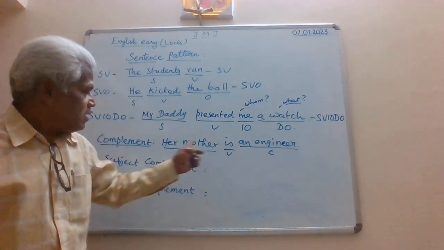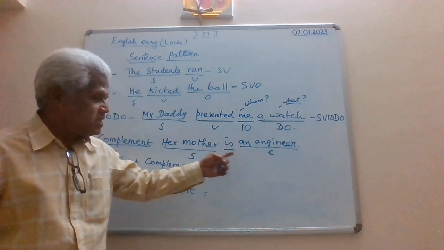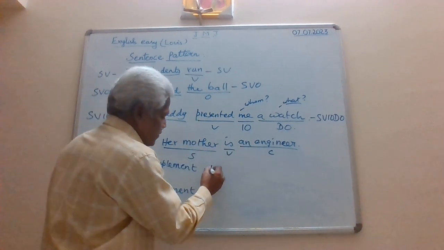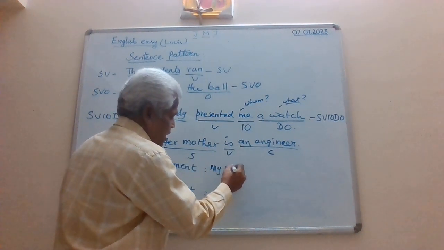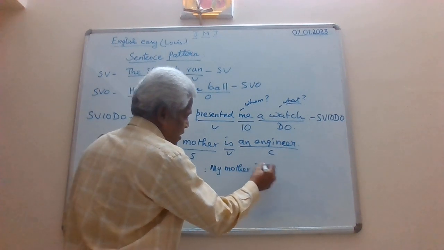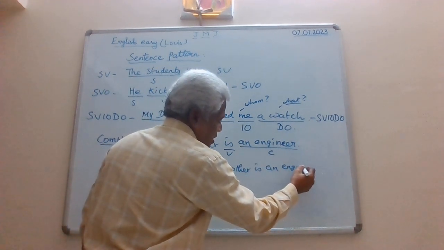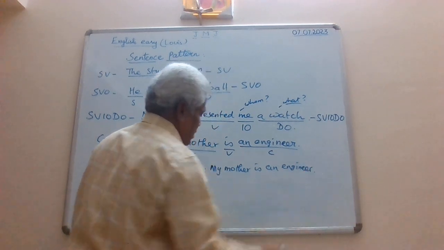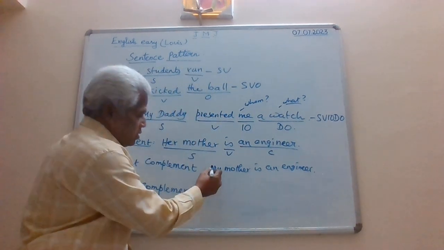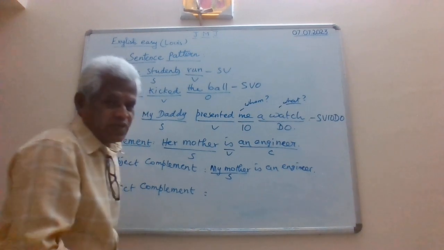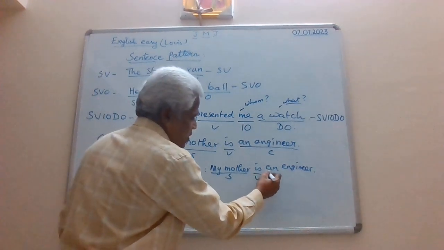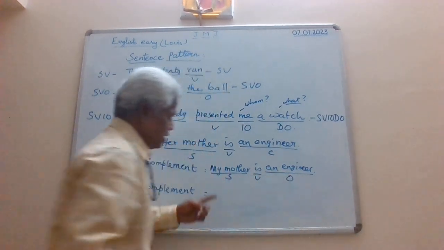See? Now what is your verb here? My mother is an engineer. Let me write the same sentence here. My mother is an engineer. Okay, now we know my mother is a subject, is is your verb, and engineer is a complement.